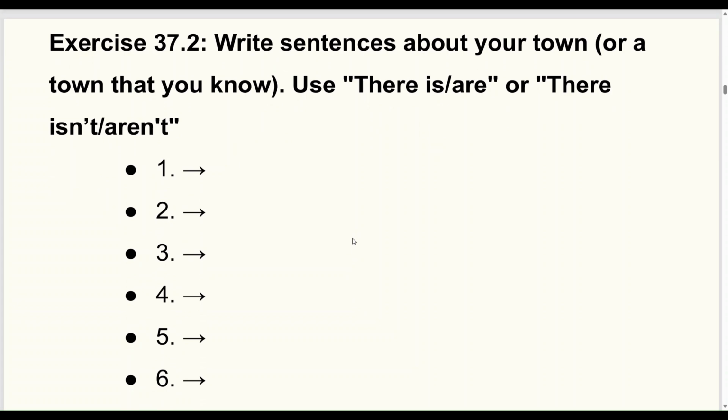Now let's try to make sentences about our town, or the town that we know, using there is or there aren't, etc. So try that by yourself. So I can say there is a school in my town.